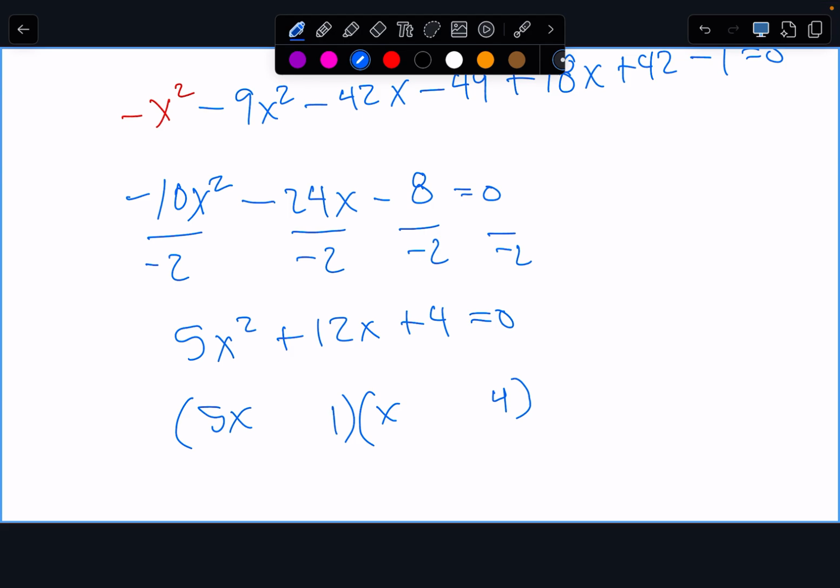Or 10 and 2. 20 and 12, 10 and 2, 5x, x, so 5x plus 2.